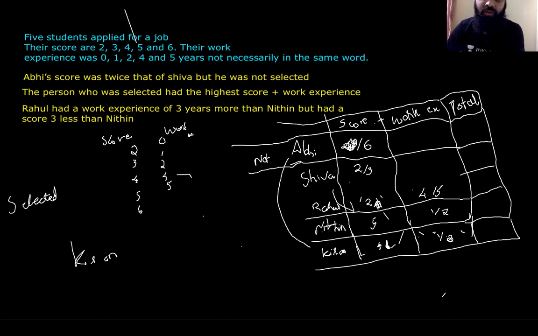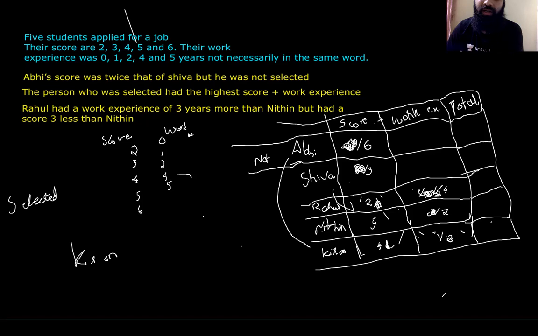If Abhi has a score of 6, then Shiva will have a score of 3. So as far as the scores are concerned, I'm pretty much sorted. Now since Kiran has 1, Nitin will have 2, that means Rahul will have 4.